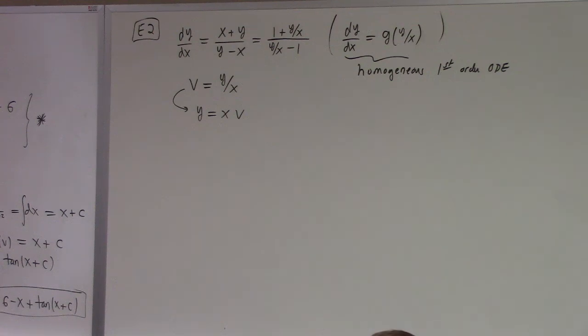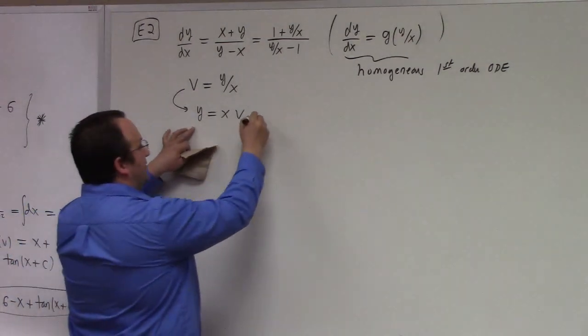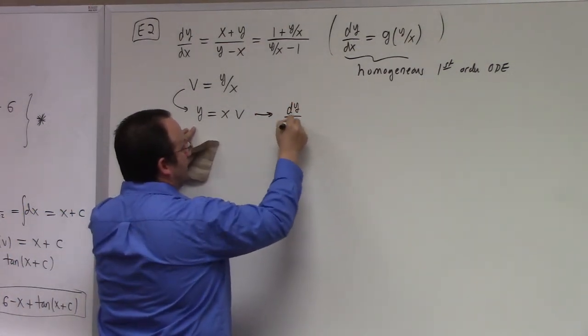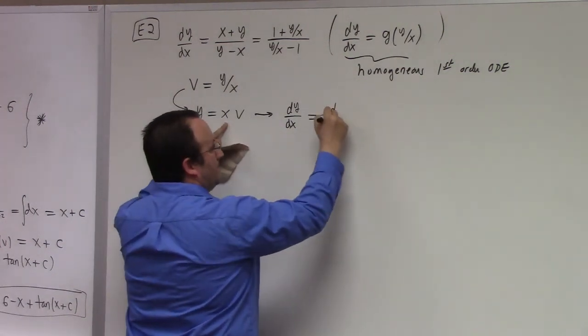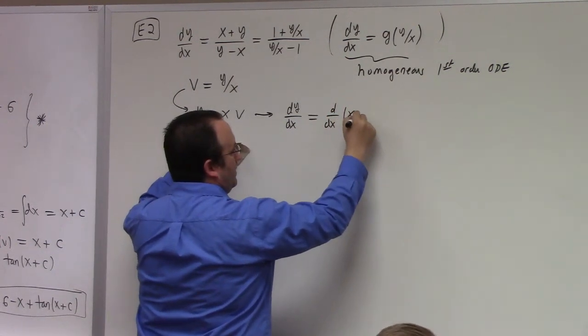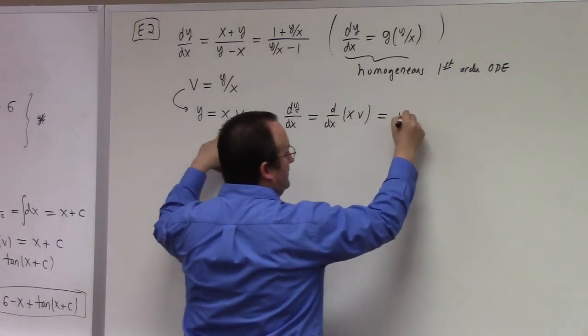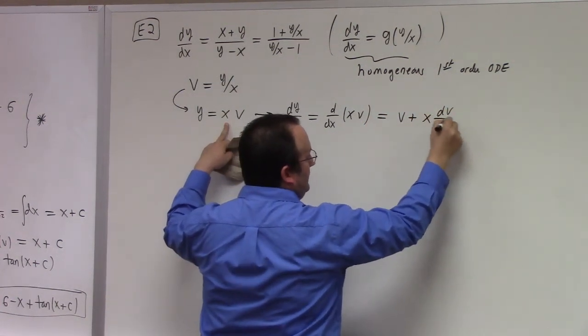Algebraically, same substitution. Now, if I differentiate that, it's easier for me to see how dy/dx and dv/dx relate. Because this gives me dy/dx is equal to, by the product rule, v plus x dv/dx, yeah?